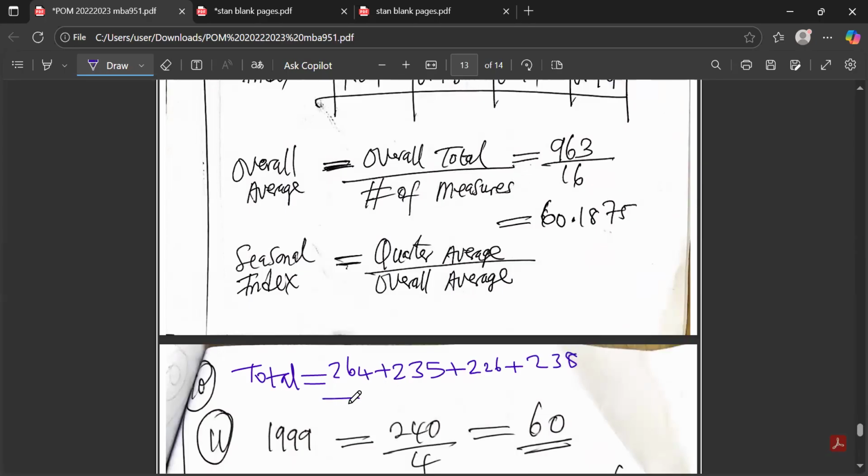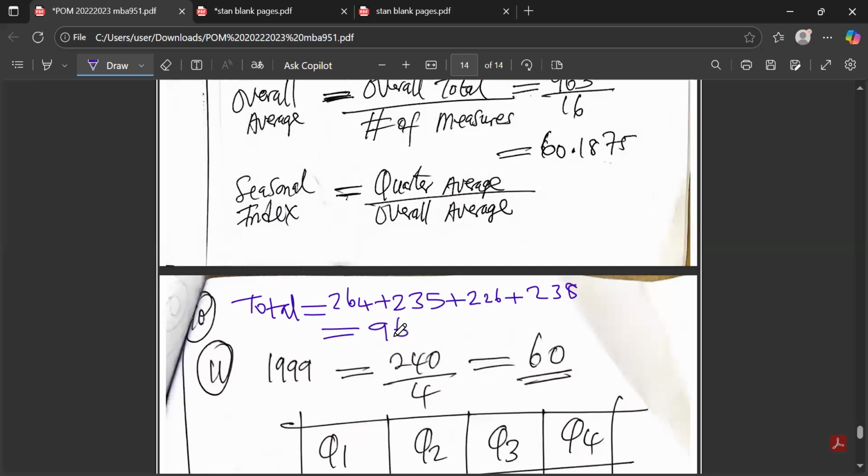So the total for this one is 963. So 963 is what we have.